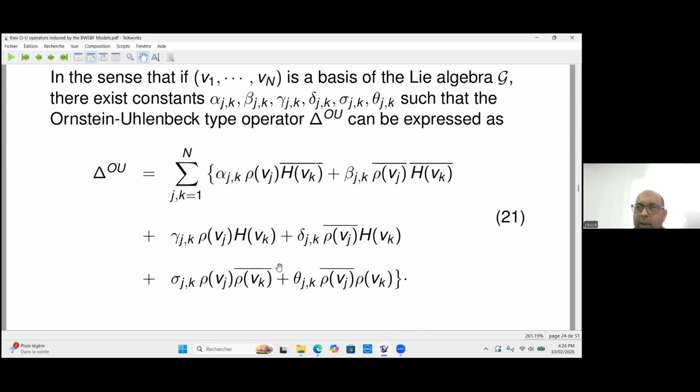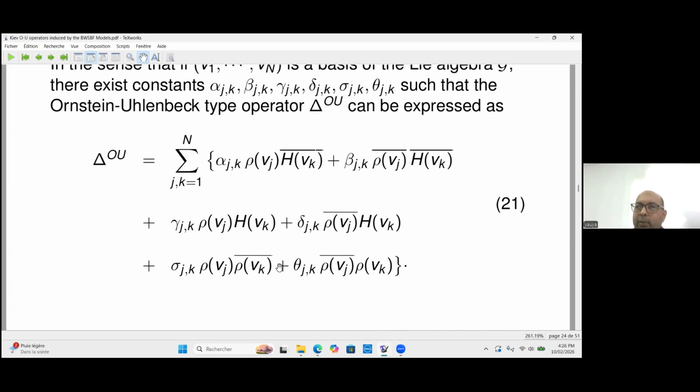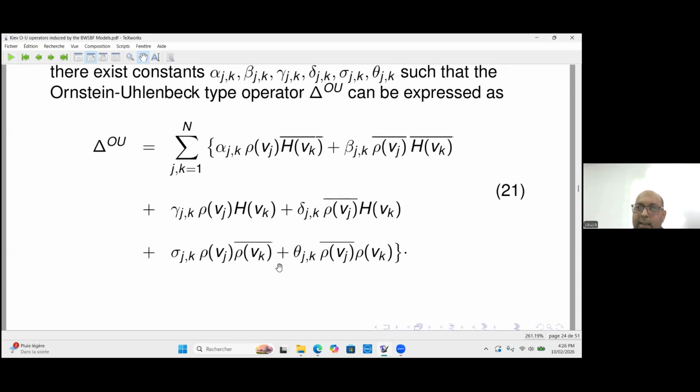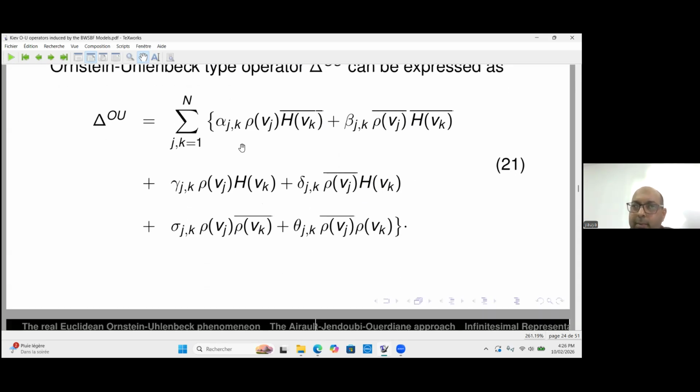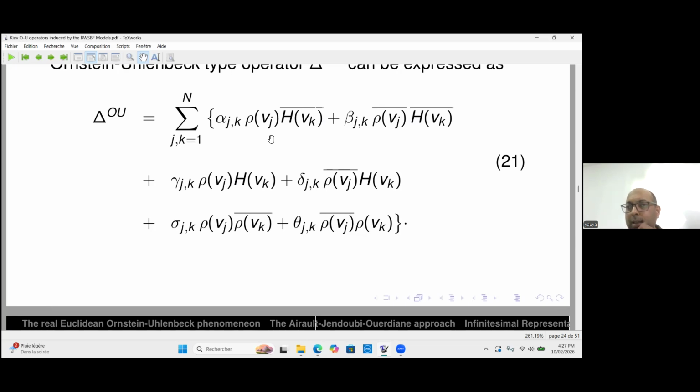So if we have a basis of the Lie algebra, and there exists some family of constants such that our operator can be expressed by rho_v and h_v in this sense. Because rho_v is just a first order differential operator with respect to dz plus the constant part. So if we take some conjugate here, we have the possibility to obtain the Laplacian.